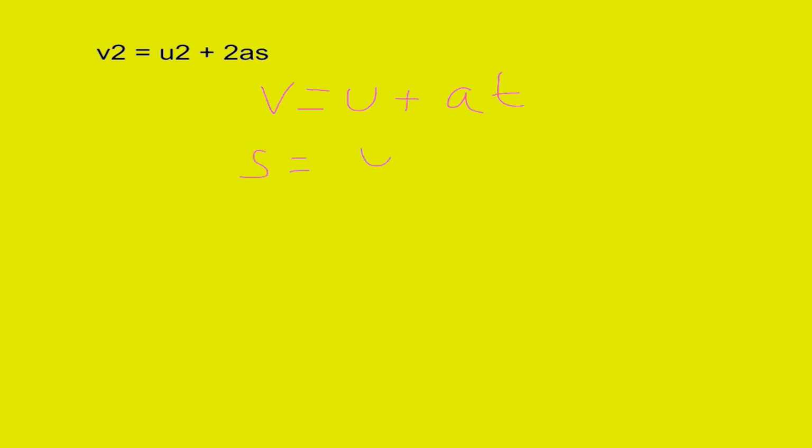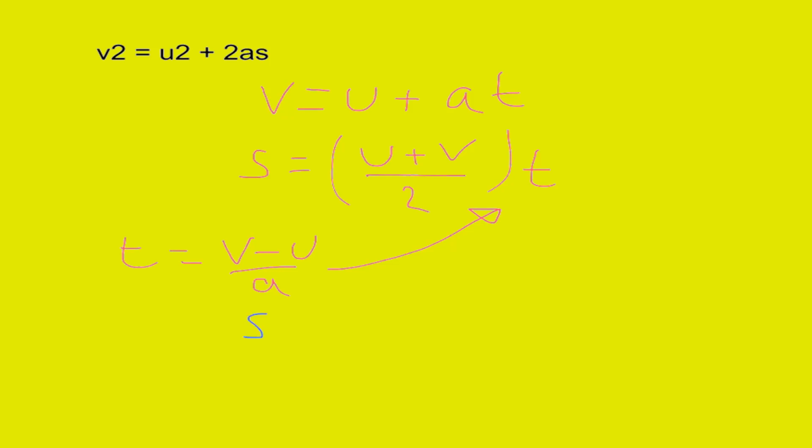Let's do it with this one, u plus v over 2 times t, and what we can do is we can combine these to eliminate t. The way we'll do that is we'll rearrange the first one so that we can show that t is v minus u over a, and then we can put that in to the second one.